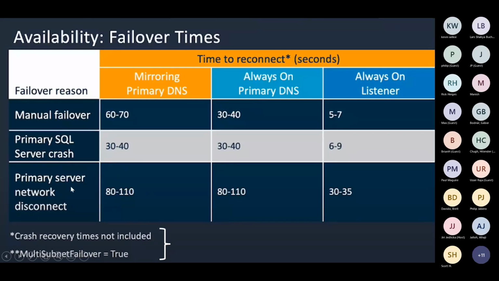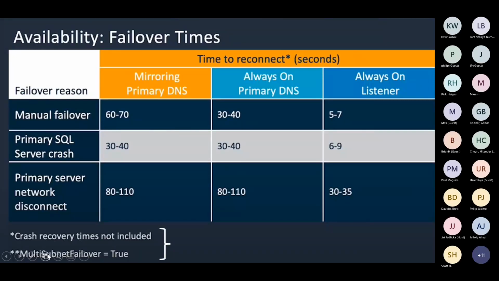If this is related to primary server network disconnection, you have up to 110 seconds, sorry, not minutes, guys, seconds, up to 110 seconds to reconnect, and this is for both of them. If you're using a listener, it is up to 35 seconds. But this does not include crash recovery time. So that means crash recovery time is not included.